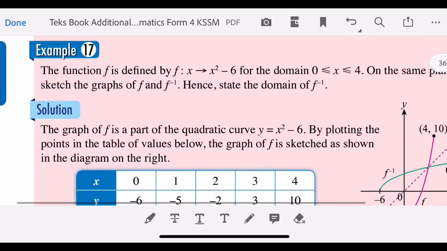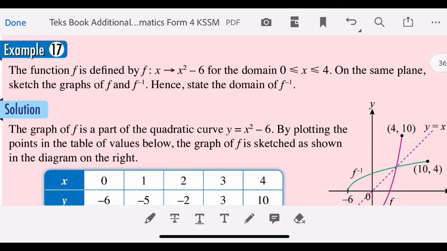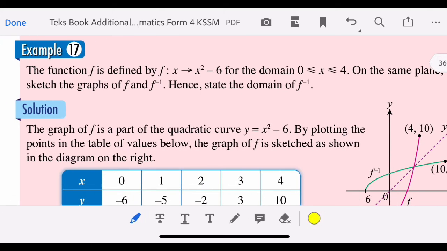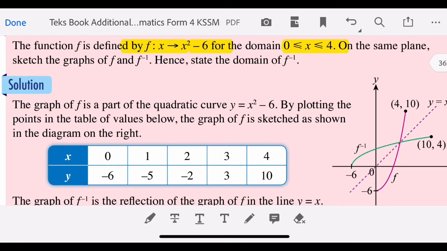Okay, so how about this one? The function f is defined as f(x) equals x squared minus 6, and the domain is from 0 to 4, inclusive of 0 and 4. On the same plane, you are asked to sketch a graph for the function and the inverse function and state the domain of the inverse function.